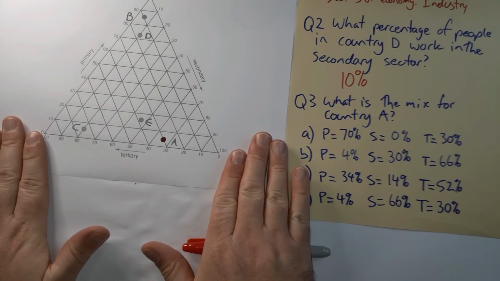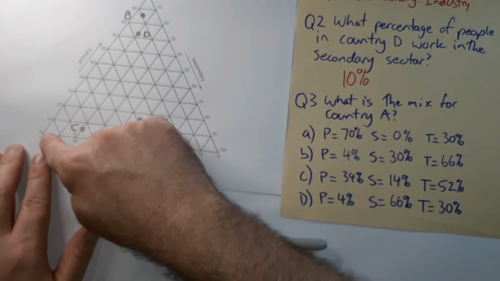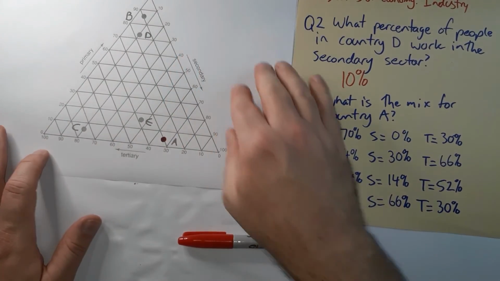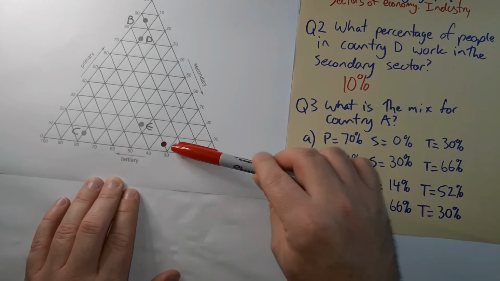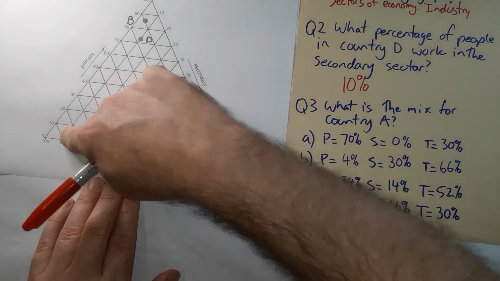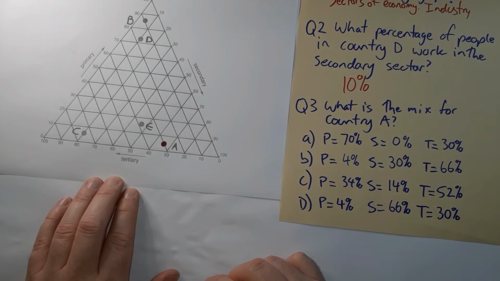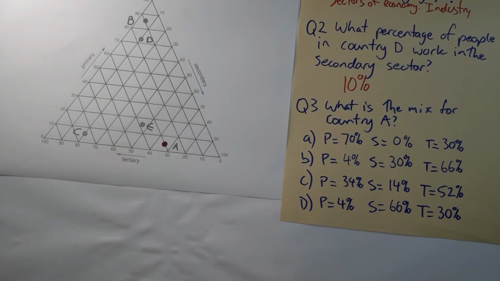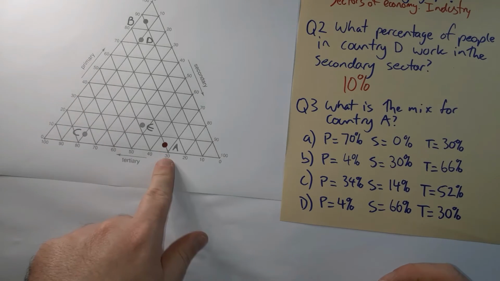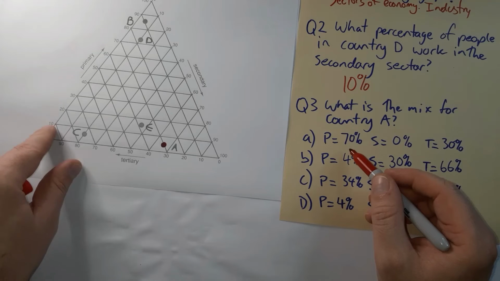So as I've got it sitting here, the axis which I can read is primary because it's got 0 towards me and 100 pointing away. And I know that the base of the pyramid is 0%. So for me, according to the primary scale, it sits between 0 and 10%. Now, before I even estimate what value it is, I can see that option A says that primary for point A should be 70%. Well, I've just estimated it's between 0 and 10.